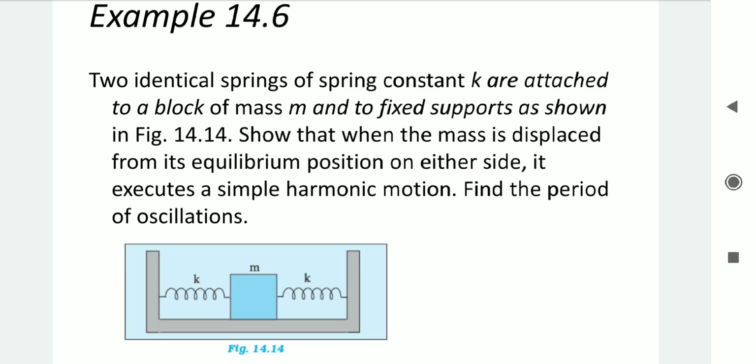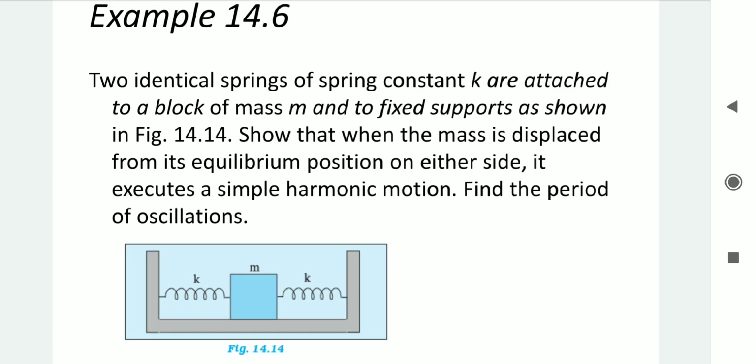So what will happen? While the mass is displaced from its mean position by a distance x, for example moving towards the right, the first spring will be elongated by the amount x of displacement, and by the same amount the other spring is compressed.